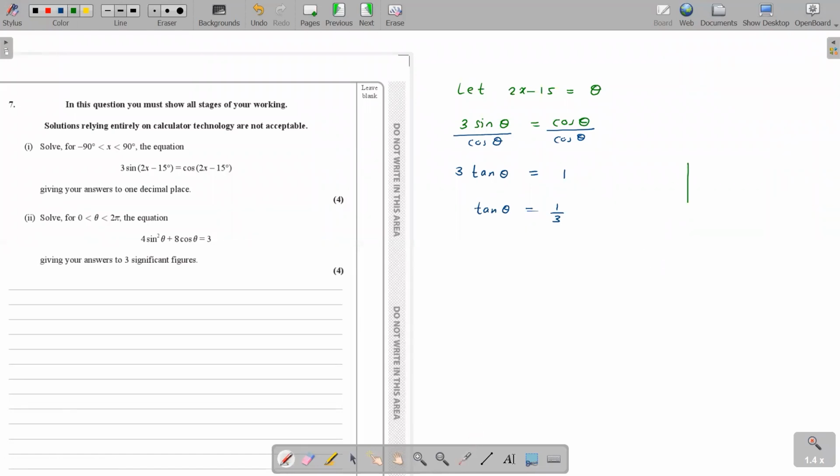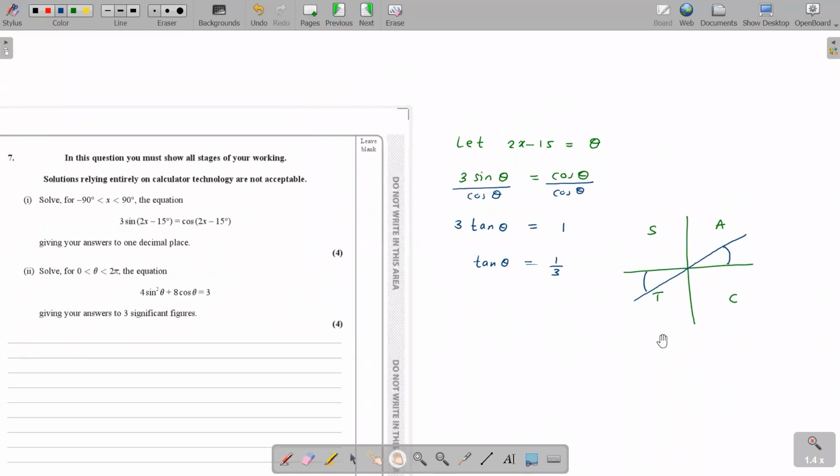Now choose quadrants where tan is positive. So what are the quadrants where tan is positive? All Silver Teacups: all and tan, right? So these are the two quadrants. By the way, before you take angles, it's better that you fix your range. How do you fix your range? They've given you the x range, from minus 90 to plus 90.